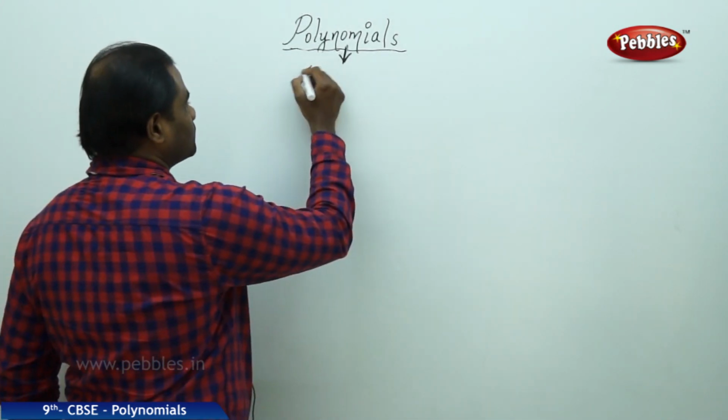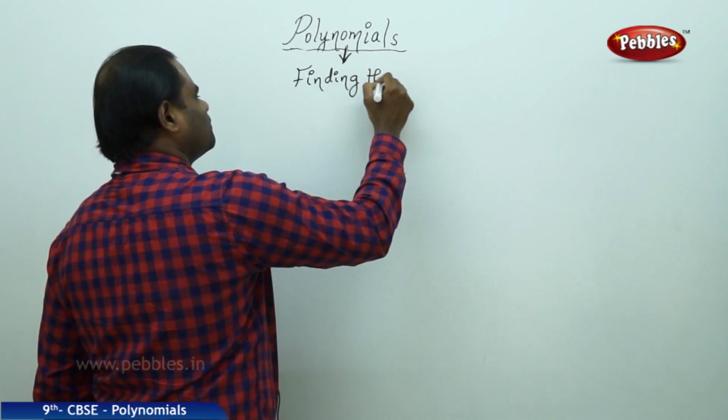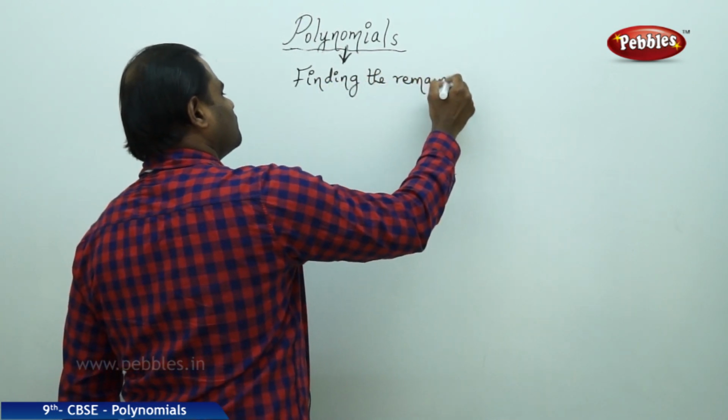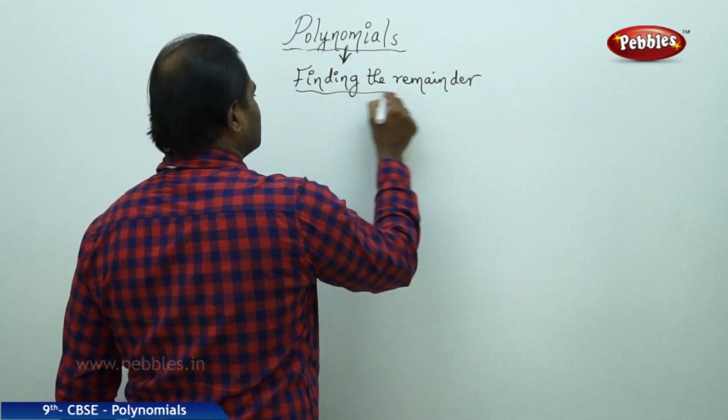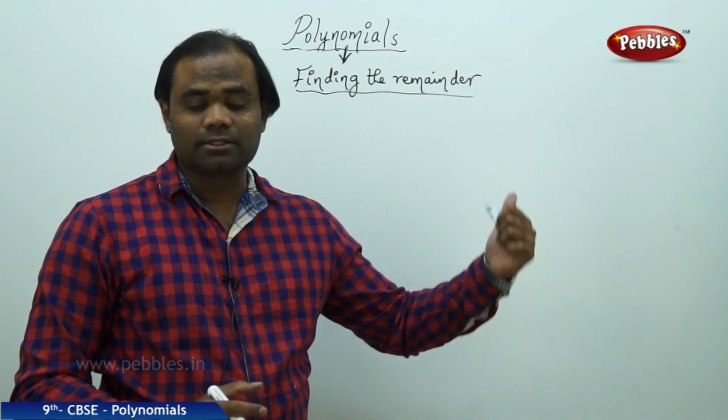Now the continued session is about finding the remainder when a polynomial is divided by another polynomial. This session will discuss how we can find the quotient and the remainder for polynomials which are divided with each other. To start with, finding the remainder. Let's take some example polynomials for understanding this concept better.